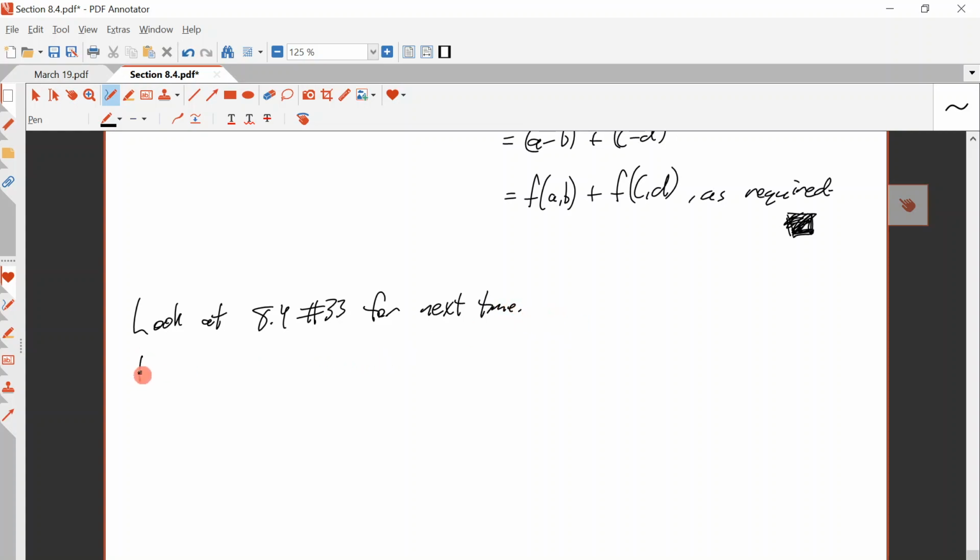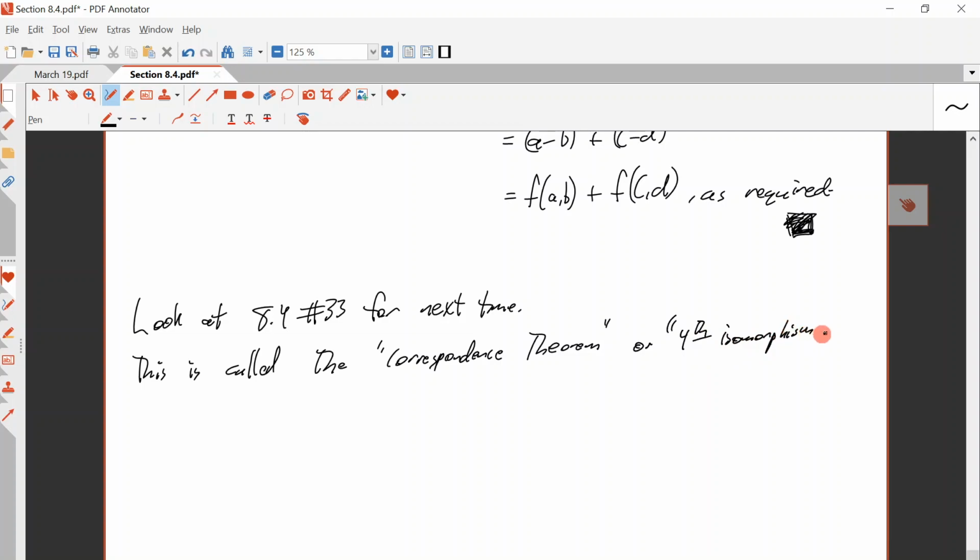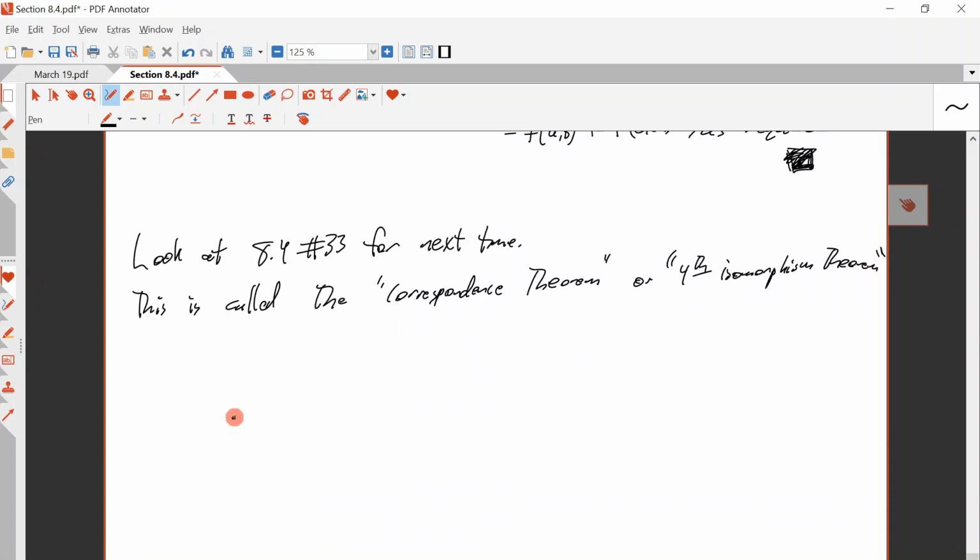It's called the correspondence theorem, or fourth isomorphism theorem.